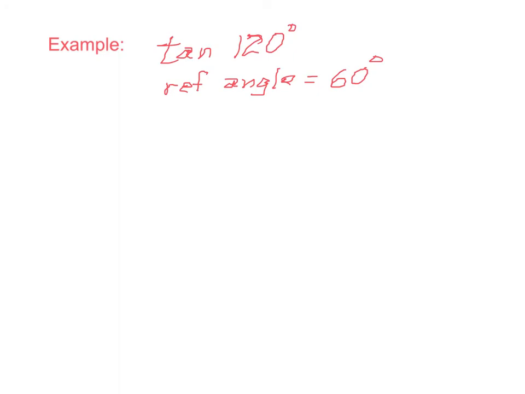So therefore, the tangent of 120 degrees using the reference angle is equal to minus the tangent of 60 degrees, okay? So this is how we can use the reference angle and knowing what quadrant we're in, determining whether it's positive or negative.